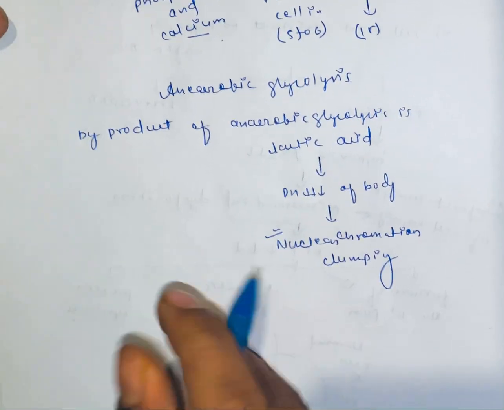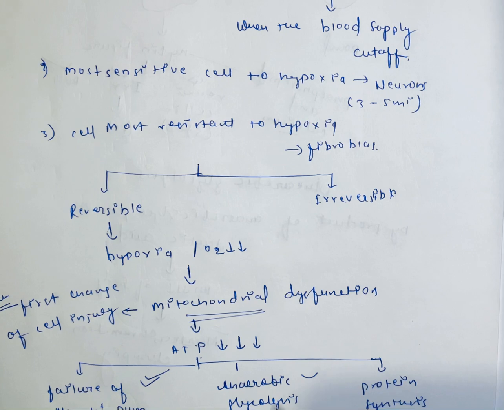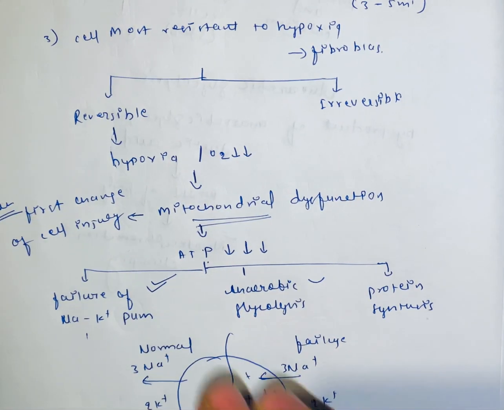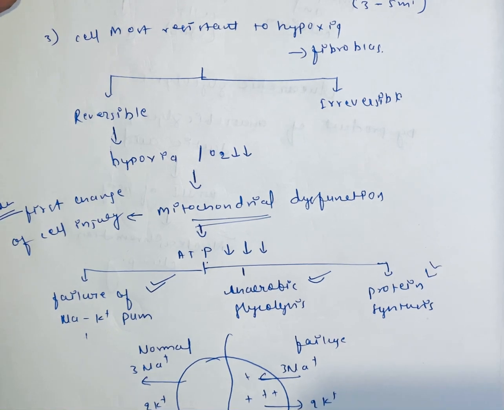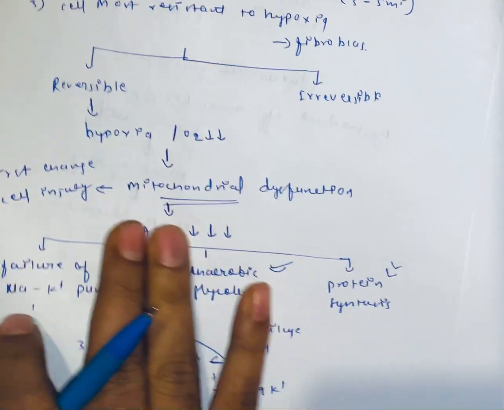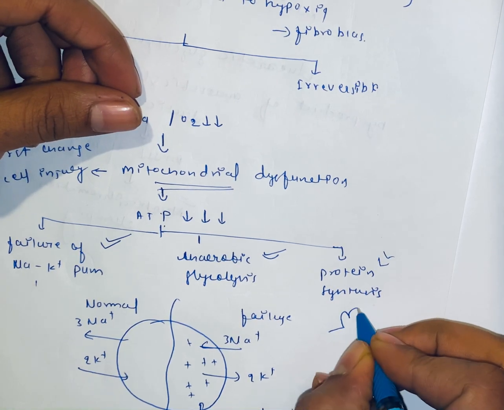Now the third is protein synthesis. We have discussed failure of the sodium potassium pump and anaerobic glycolysis. Here I am drawing our RER.